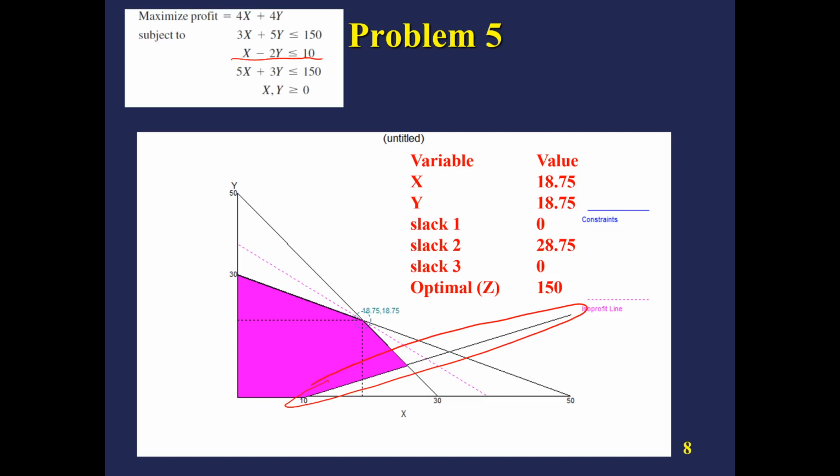Another thing is that it's saying x minus 2y less or equal to 10. So one has to see whether this constraint is active on this side, or on this side. For that you just plug in, for example, x is equal to 0 and y is equal to 0, and x minus 2y should be less or equal to 10.